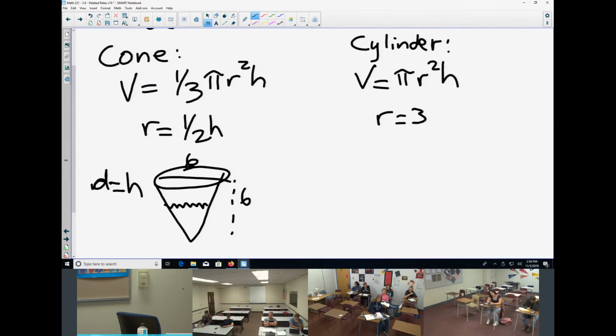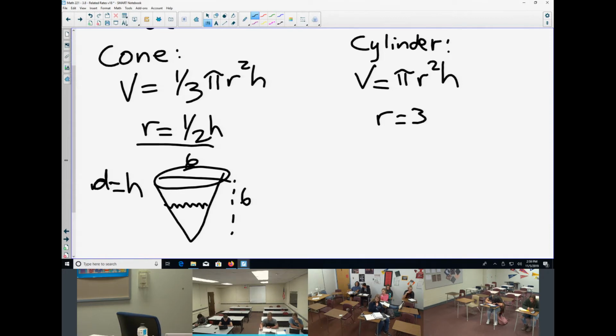And the reason why I'm doing it in radius is because the r and the h are together, not the diameter. So I didn't want d equals h, I wanted r equals 1/2 h. Okay? So do you see that relationship's going to be true no matter what the height is of the liquid, of the coffee?